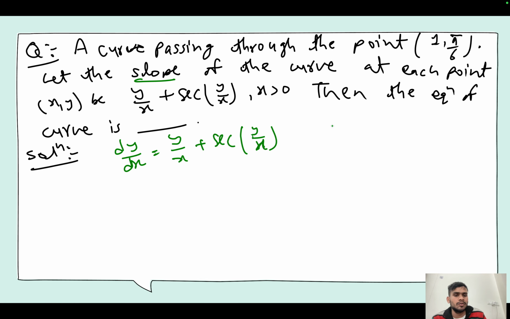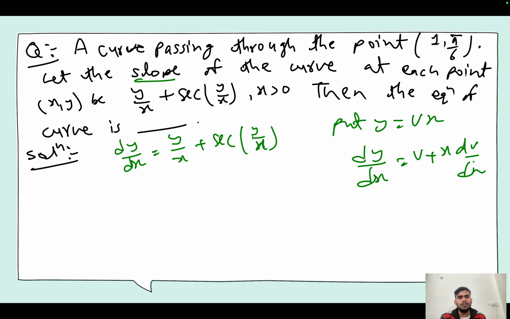So now put y is equal to vx. So dy by dx is equal to v plus x dv by dx. You know how I got these values? I am just differentiating this term with respect to x, which gives dy by dx, using the product formula: first term times the differentiation of the second term, plus the second term times the differentiation of the first term.